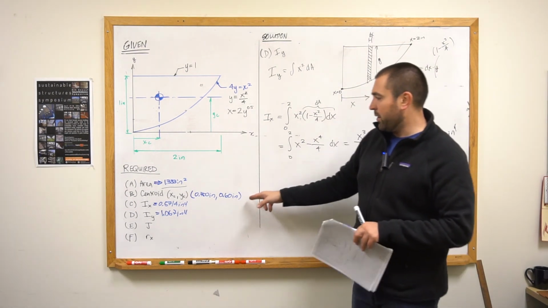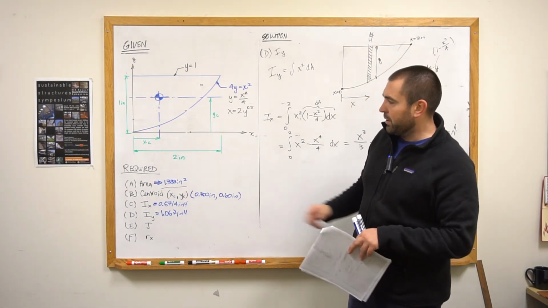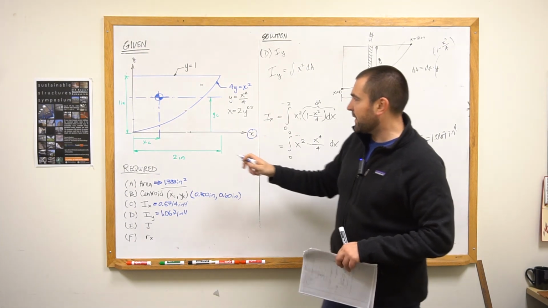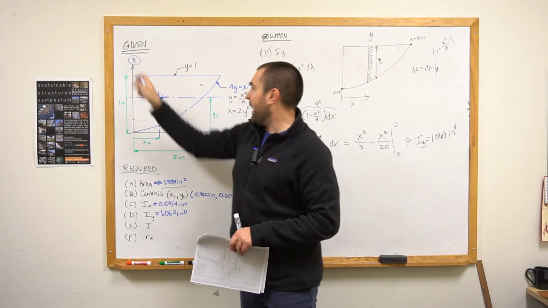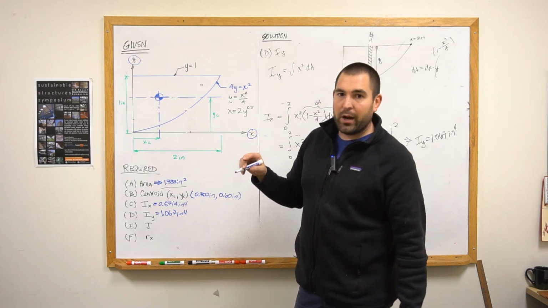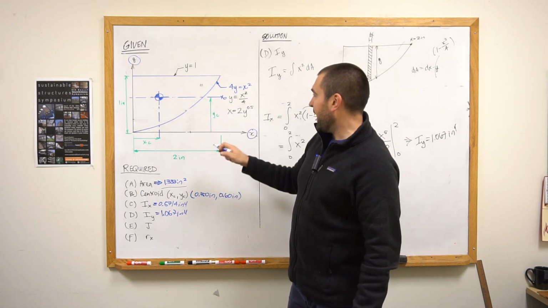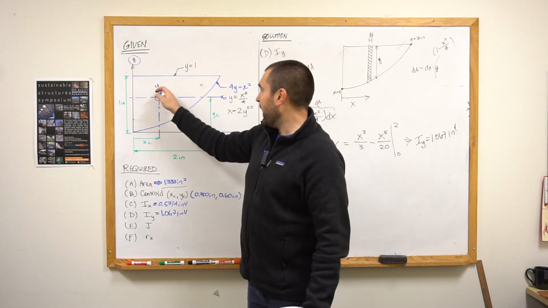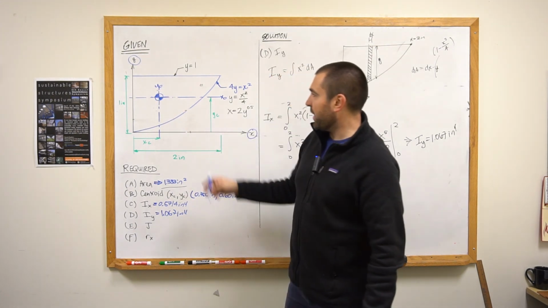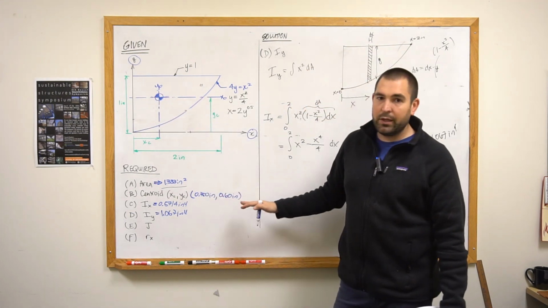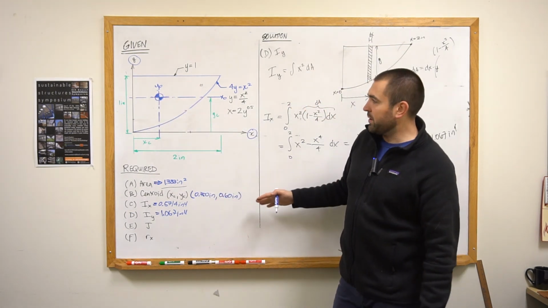The centroid is going to be important because eventually, even though here I told you to give me the moment of inertia about the x-axis and the y-axis, eventually we're actually going to start needing to get the moment of inertia about what we'll call like the x0 and the y0 axes, which are the axes that pass through the centroid. That's why the centroid is going to be important later on in strength of materials.